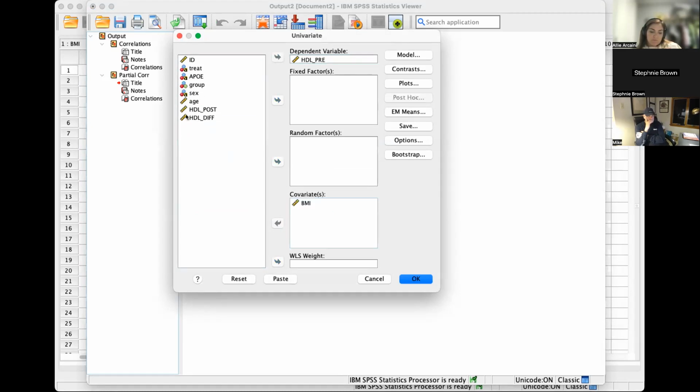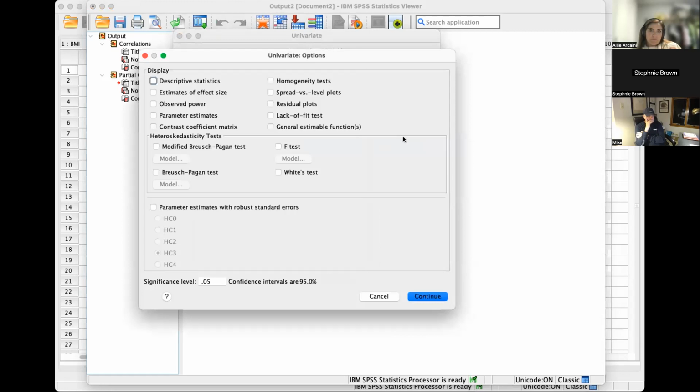So BMI and age. If you remember nothing else, we want to click options, parameter estimates, or else we won't get the regression equation. And then it's always nice to have descriptive statistics, although usually that's just of the outcome.